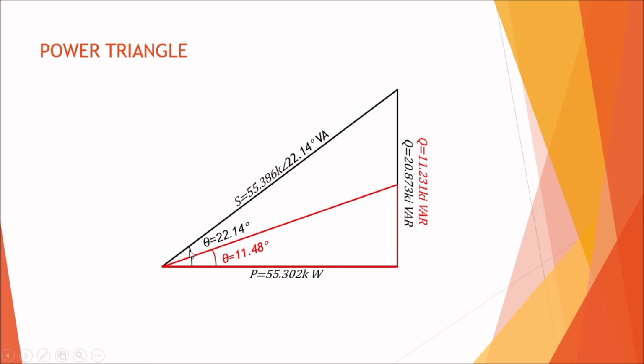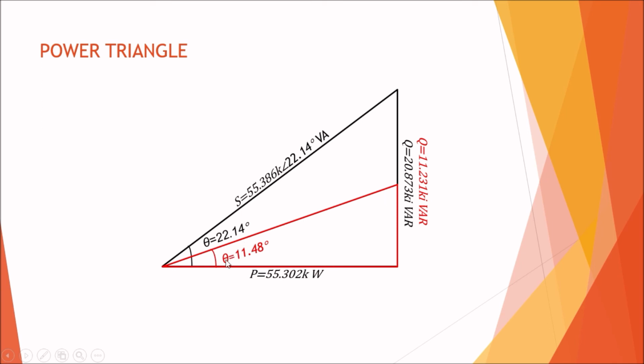We can see here theta is 22.14, the real power 51.302 kilowatt, the reactive power is 20.873 kVAR, and the apparent power is 55.386K angle 22.14 volt-ampere. So this is the power triangle before power factor correction, and after we did power factor correction, this is the power triangle in red.